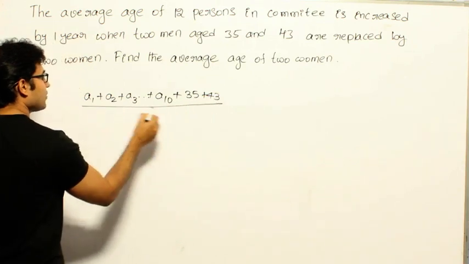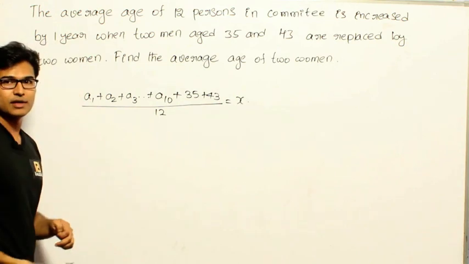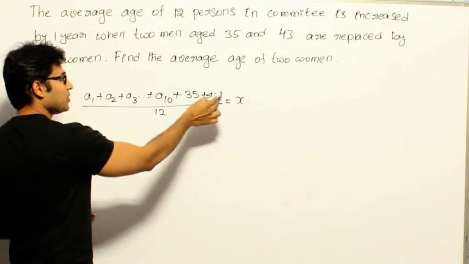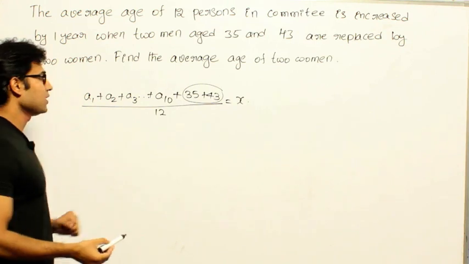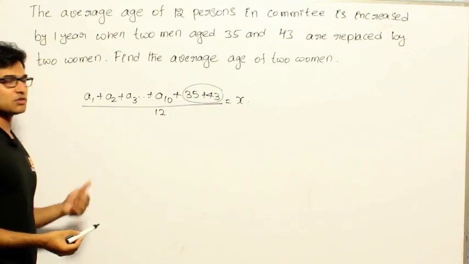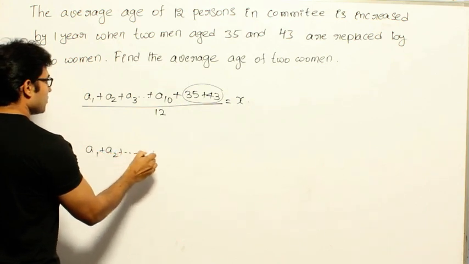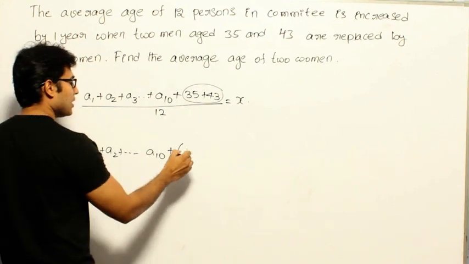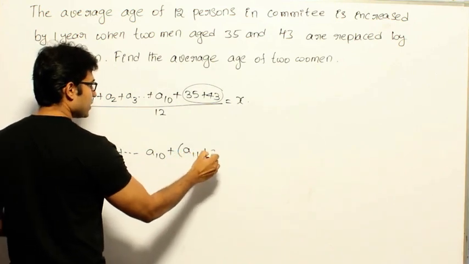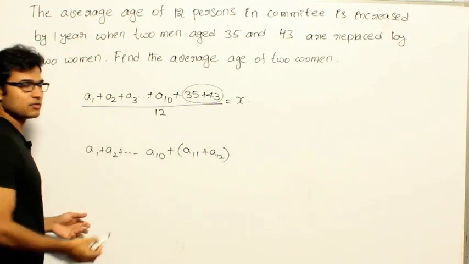Now when this average is found out, we don't know it, so let's assume that it is X. Later these 2 people are replaced by someone else, and we don't know their ages. So A1 plus A2 plus so on plus A10 plus, let's assume their ages are A11 and A12. These 2 people are removed and these 2 people are added to the group.